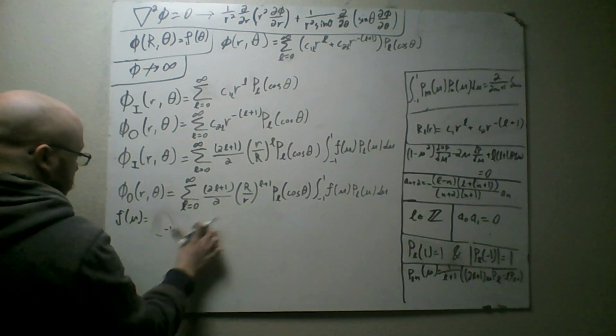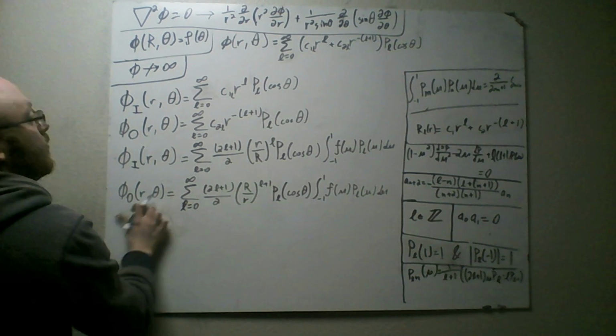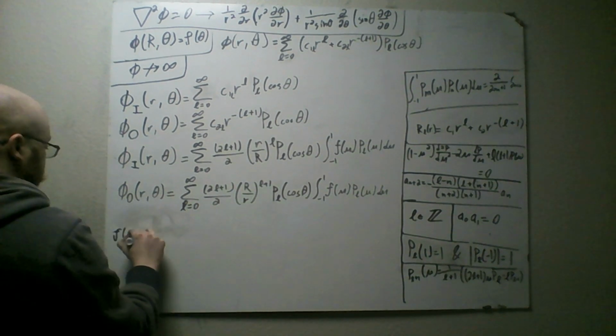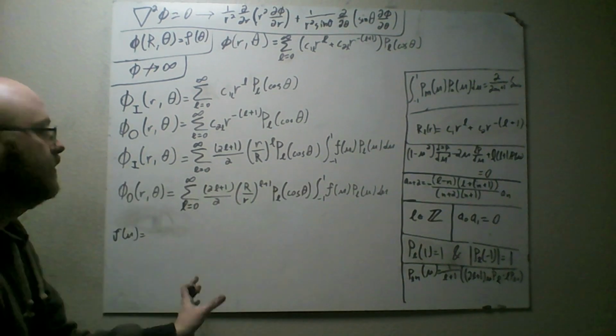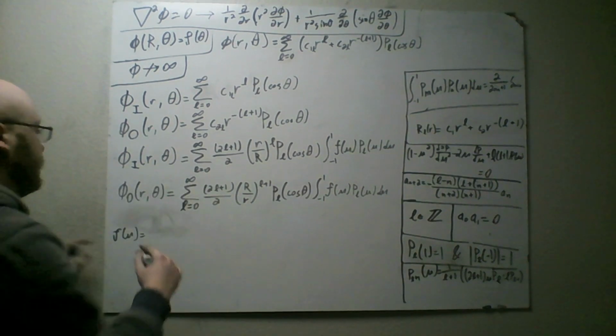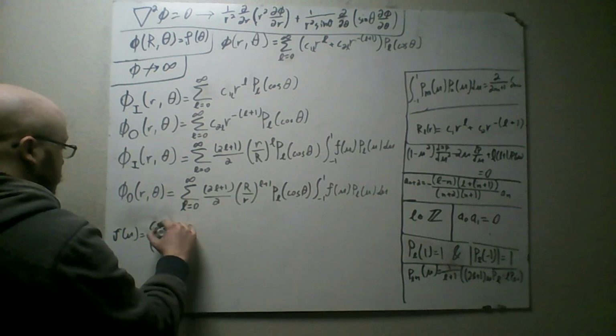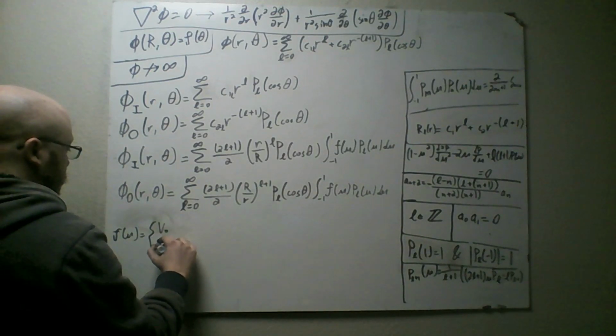So here's an example one. This basically means the top of the sphere has a constant potential and the bottom of the sphere has a constant potential, and they're negatives of each other. So this equals V0, minus V0.